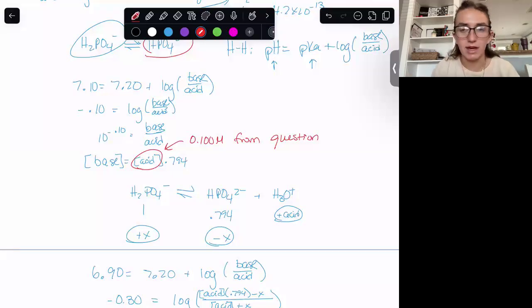I didn't do it fully, but that would make sense: you added 0.01 to drop it by 0.1, so to drop it by 0.2, I would guess you'd add 0.02 molar, or 0.02 moles.